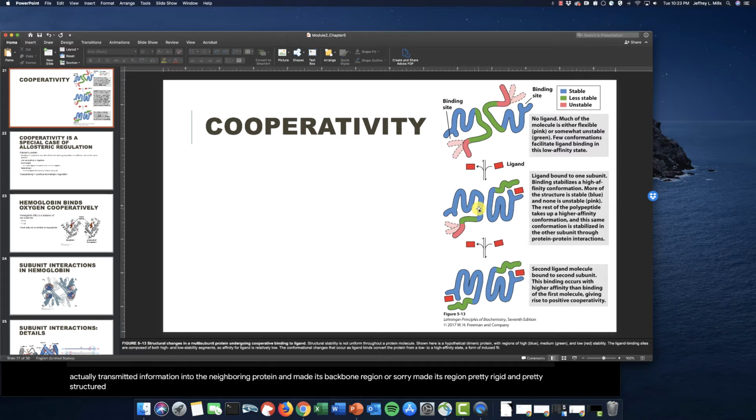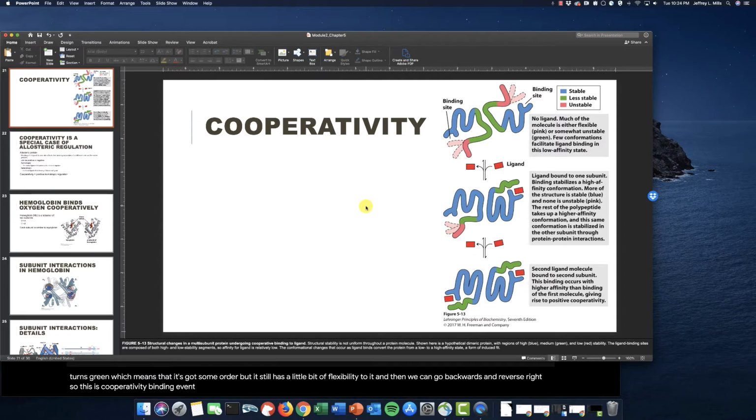So then we go to our second binding event and we see the same thing happened. The binding site stays blue. The area that was red turns green, which means that it's got some order, but it still has a little bit of flexibility to it. And then we can go backwards and reverse, right? So this is cooperativity.